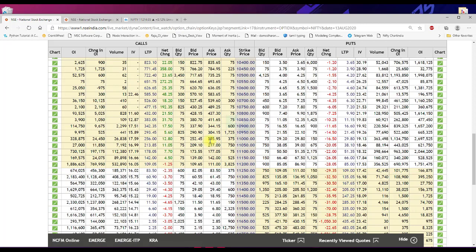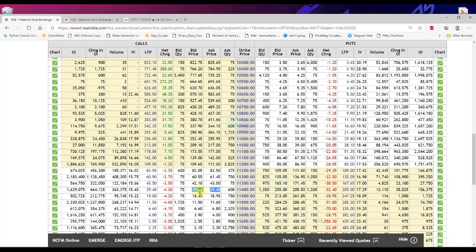If you buy this, what is the capital required? Whatever the LTP into lot size. Again, if you buy this, it is the LTP into lot size. Again, if you want to buy this, this is the lot size. So with lesser capital you can trade, but the thing is you are leveraged here.